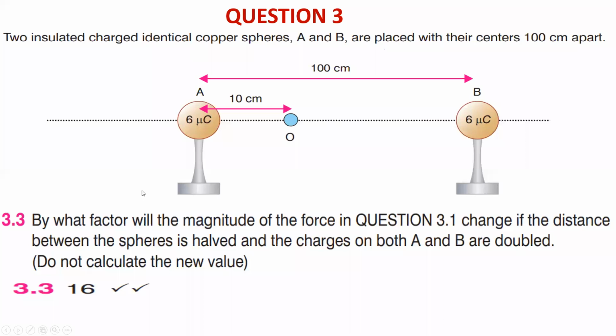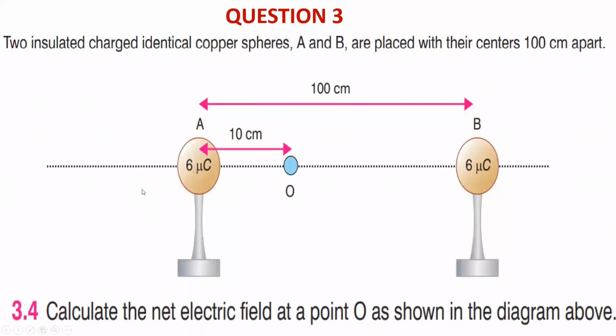So question 3.3 done. Now they're asking you to calculate the net electric field at point O. We are going to calculate E1, E2 one more time and then calculate E net. So E1, which direction? The force diagram we are doing just now.